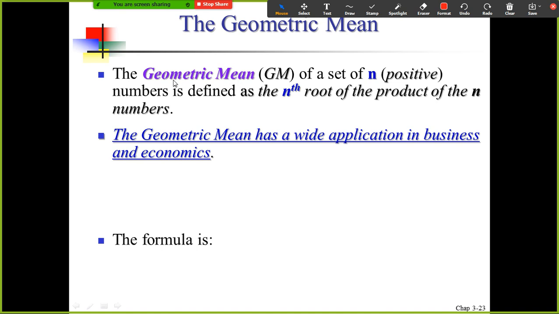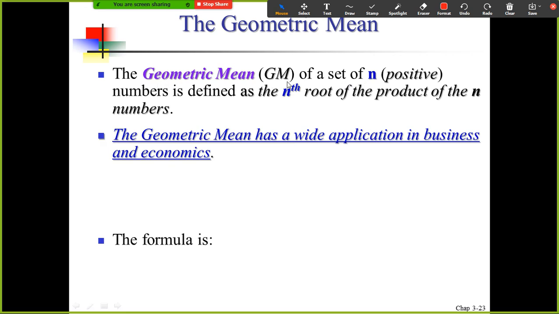This is the definition. The geometric mean of a set of data could be for a population. If it were a population data set, it should be capital N, but because I use a small n, this is a set of sample.